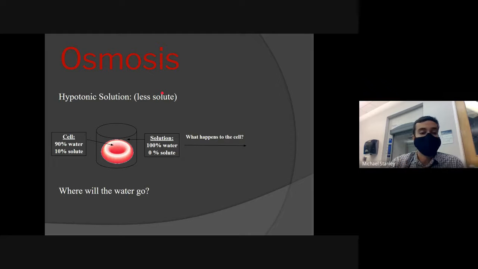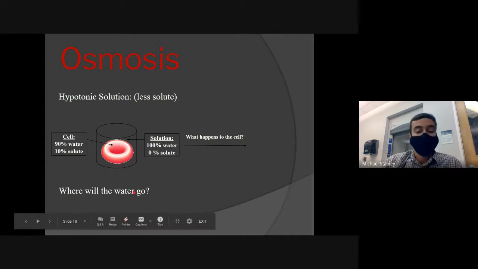So, for example, if we take a cell that has 90% water and 10% solute, stuff like salt and sugar and proteins and stuff like that, and place it into a cup that's 100% pure water, is the water going to go into the cell, or is the water going to leave the cell and go into the cup?